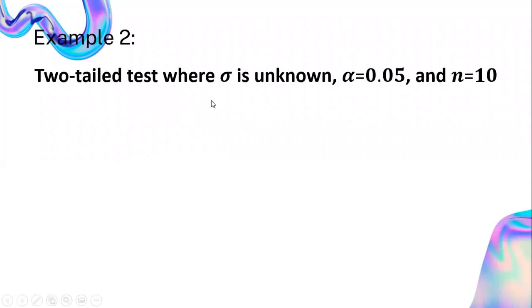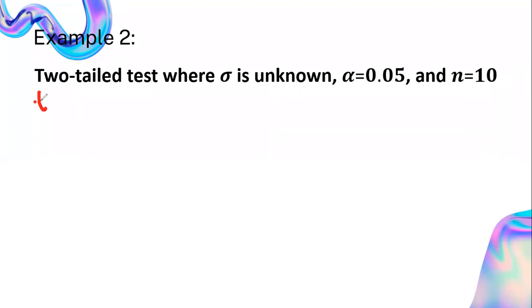So let's have another example. Example number 2. What if it's a two-tailed test where the population standard deviation is unknown, the level of significance is 0.05, and the sample size is 10? Knowing that the population standard deviation is unknown, then we need to use a t-test.